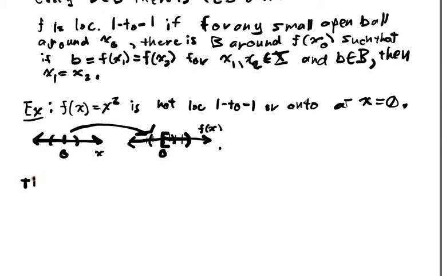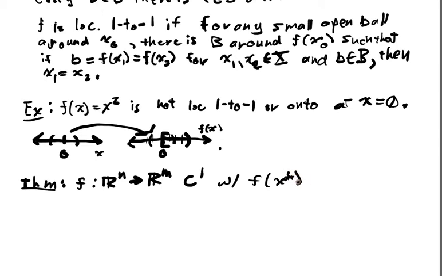We have a theorem that we can state now. Suppose f from R^n into R^m is C1 with f of x star equal to b star, and let df x star denote the Jacobian.